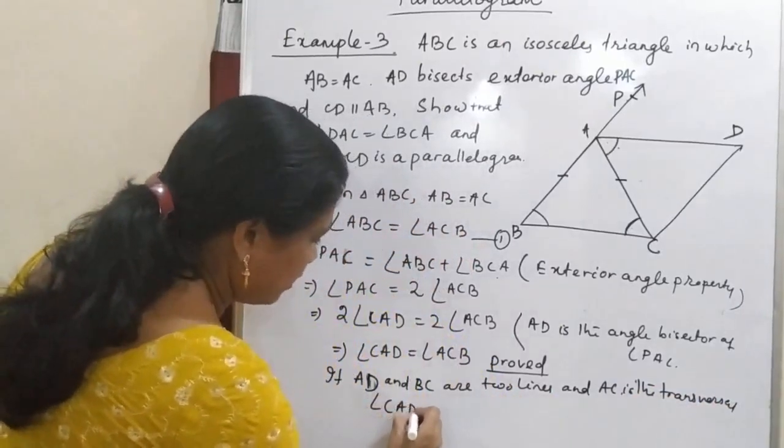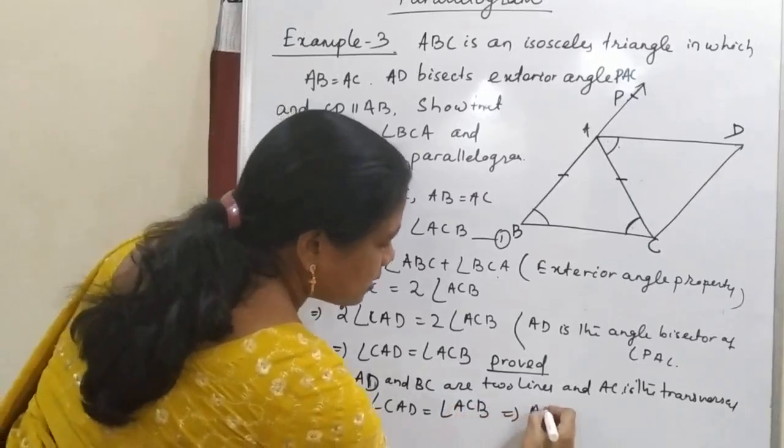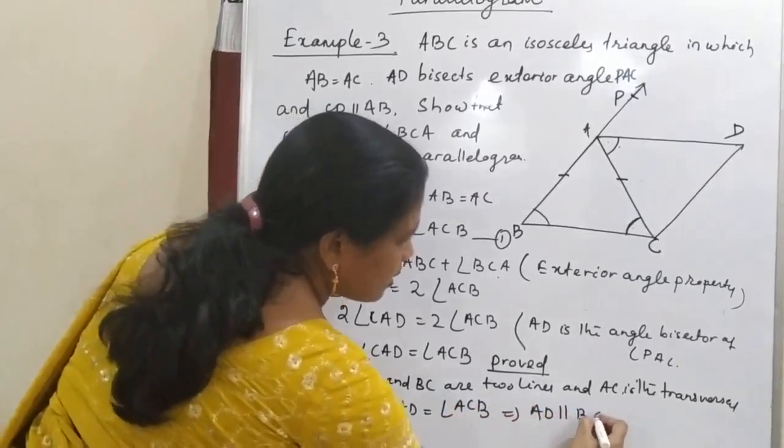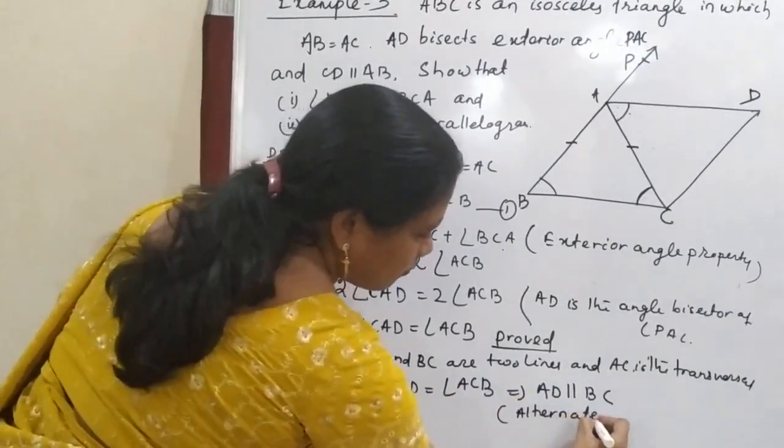So angle CAD is equal to angle ACB. This implies AD is parallel to BC because alternate angles are equal.